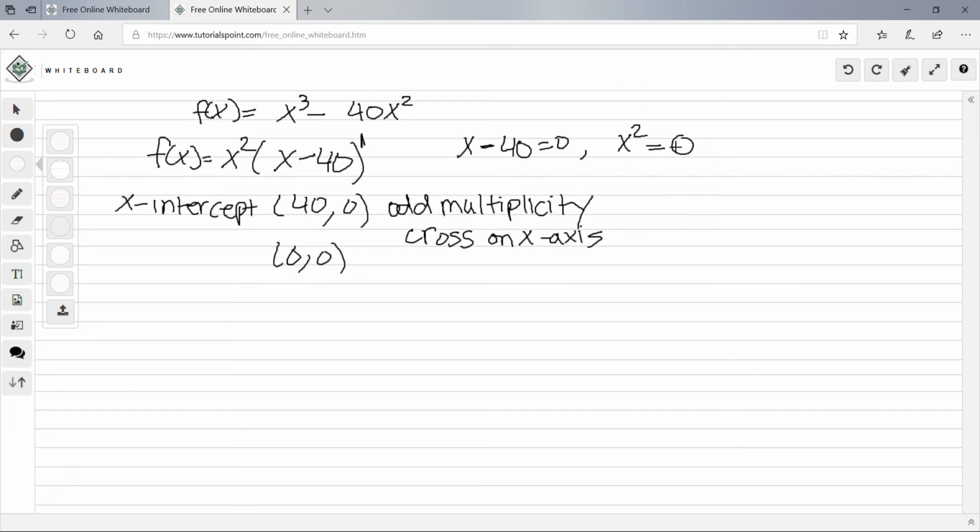If you set that to 0 and solve for x, you get 0. But this one has an even multiplicity because it has a square, so we know that it's going to bounce on the x-axis.